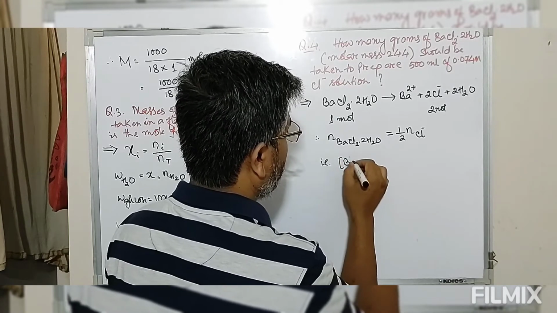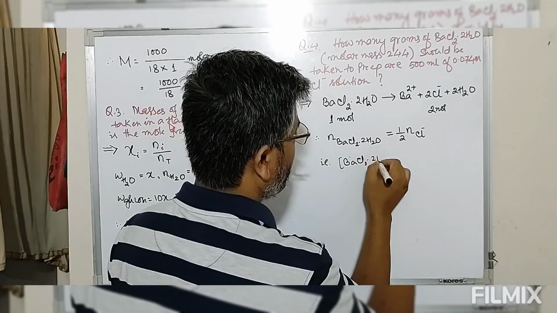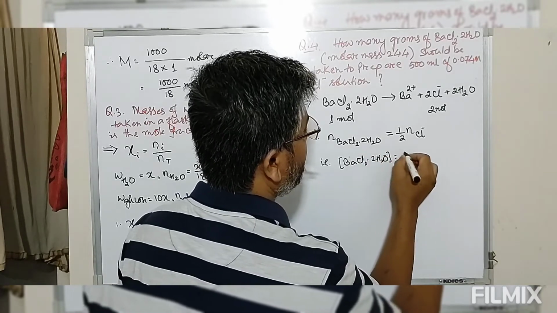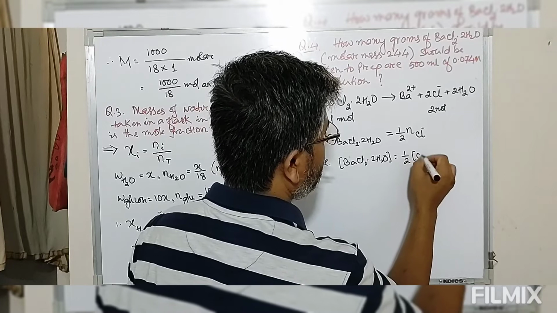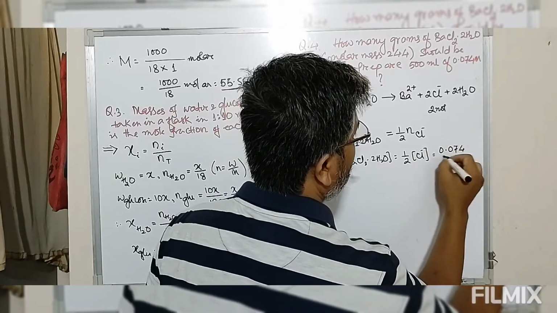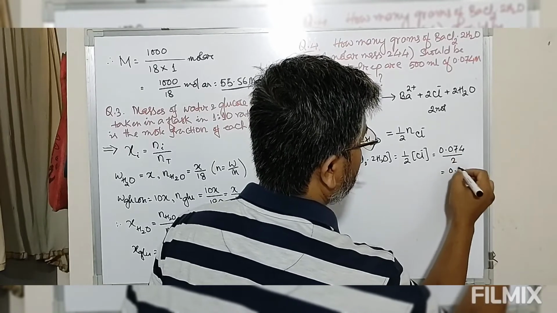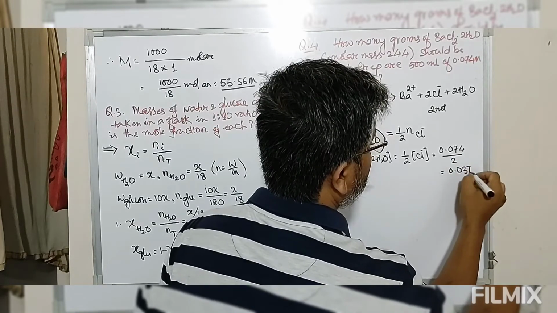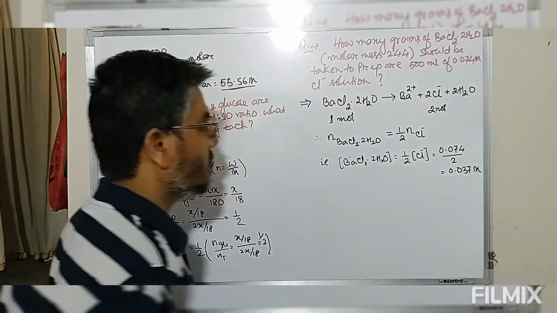So therefore, the concentration of this BaCl2 2H2O should be half of the concentration of Cl minus, which is 0.074 divided by 2, that is 0.037 molar. So we know the concentration.